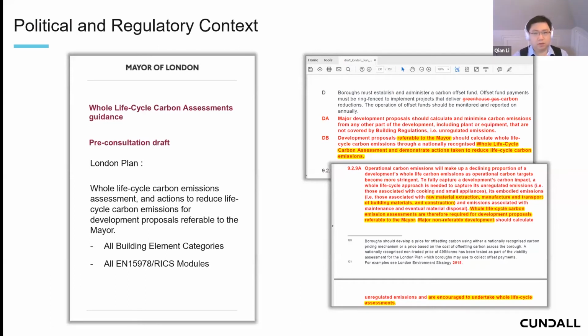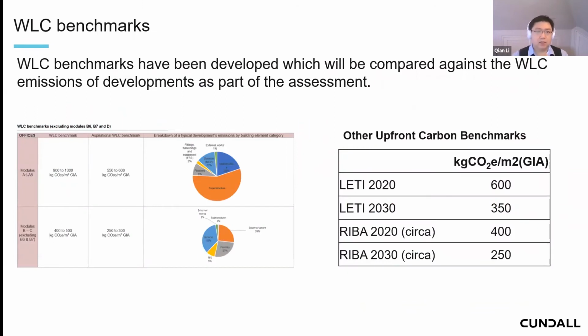And also we gave a template and set up benchmarks for people to compare their assessment results against, although they are not required at the moment to meet a certain number for their planning. Those benchmarks are based on our assessment results, combined with some other data provided by other practitioners or offices, to provide guidance on what standard practice embodied carbon or whole life carbon numbers would look like.